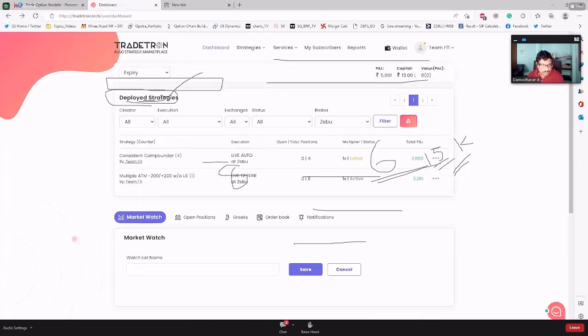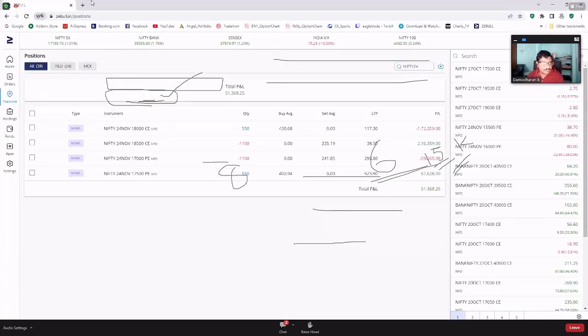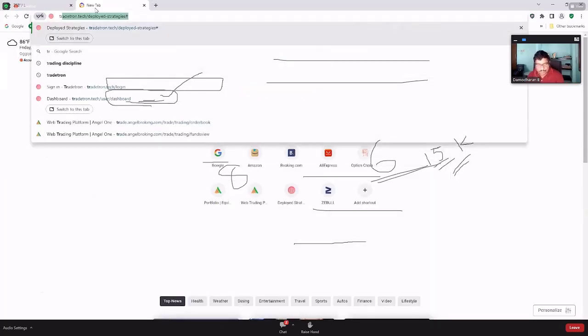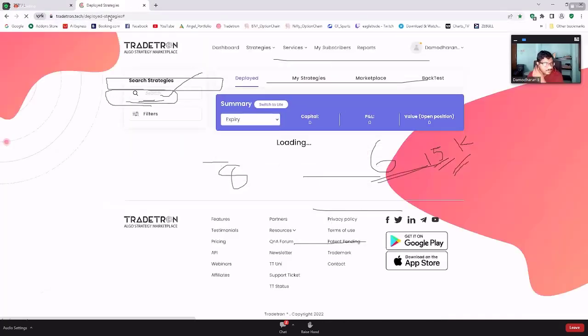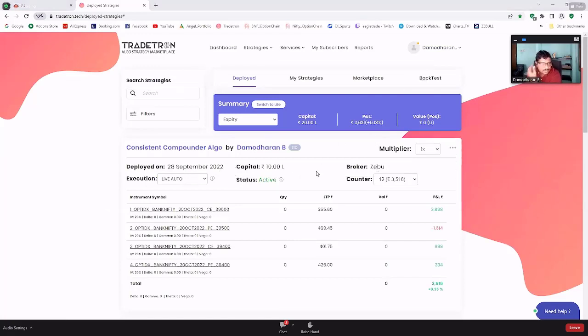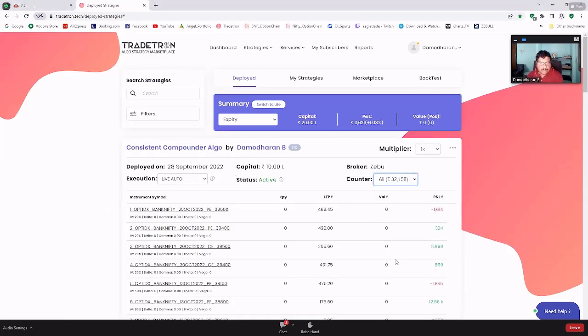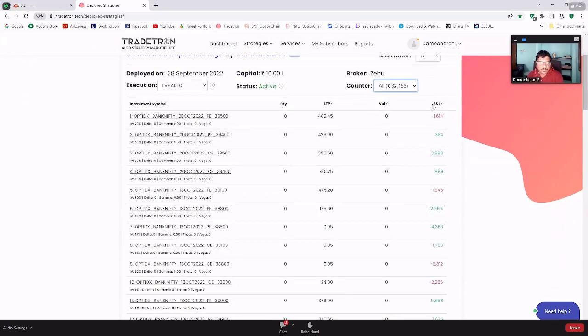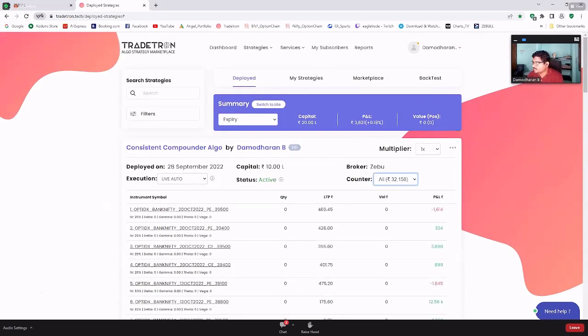This is my login. You're able to see this is a live account and that is a Zebo account. People can use Zebo accounts, many accounts. As per whatever TradeTron is providing, this is a broker account, live.